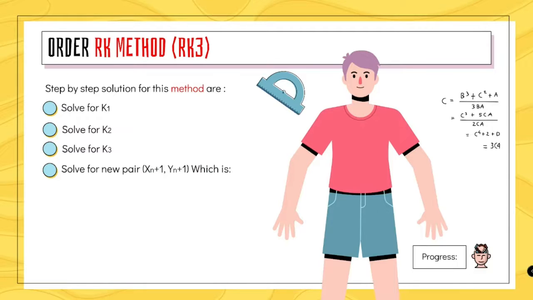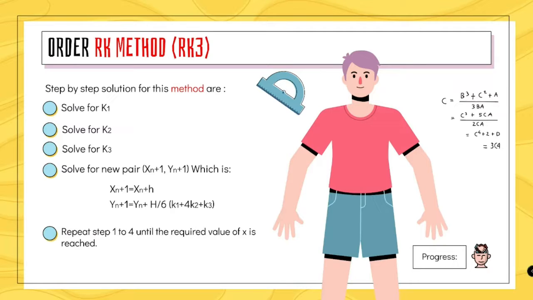Step 4 is solve for the new pair x sub n plus 1 and y sub n plus 1, which is x sub n plus 1 equals x sub n plus h, and y sub n plus 1 equals y sub n plus h over 6 times k sub 1 plus 4k sub 2 plus k sub 3. The last step, guys, is repeat steps 1 to 4 until the required value of x is reached.